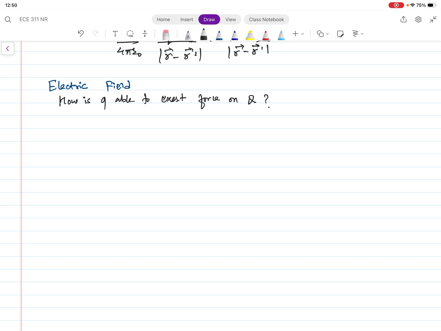a charge, if you have a charge q, then it exerts something called electric field around it. In other words, if I were to represent this electric field, I use an arrow, and as you go far away, the strength of the electric field decreases, and that happens in all directions.